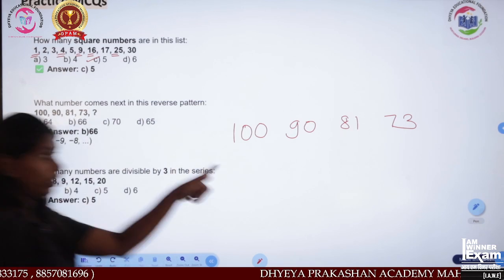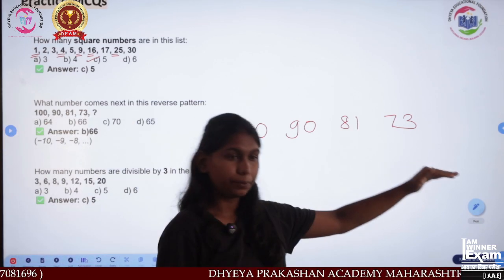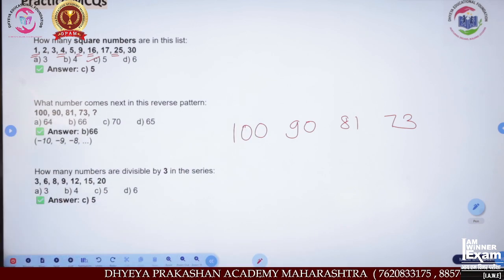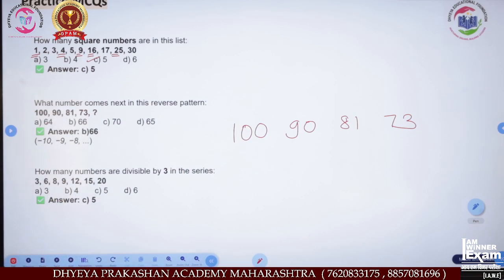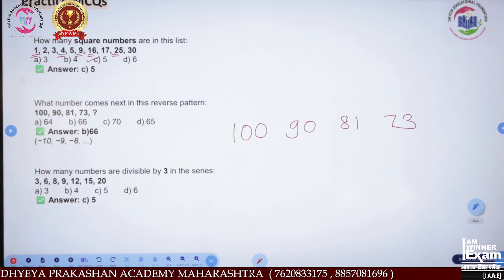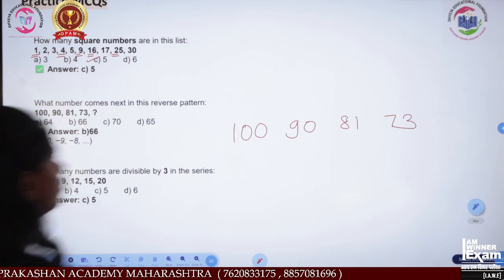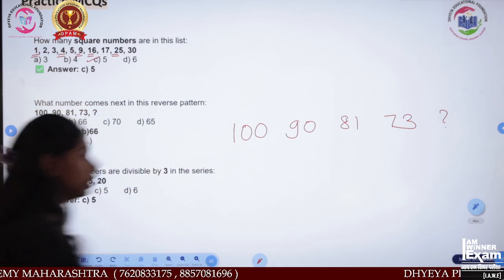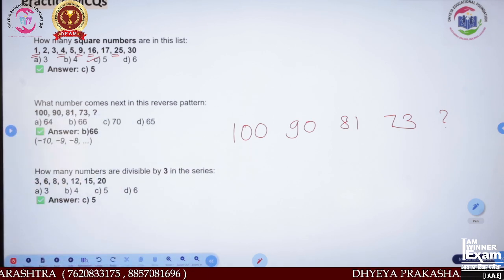Now, if you will look here, that the number are decreasing. Right? First it was 100, then it became 90, then 81, and then last 73. And we have to find the next number here. Now, how will you find the next number here?